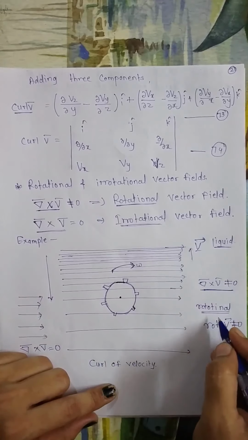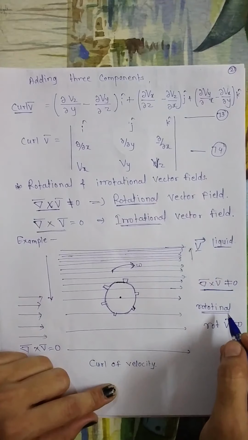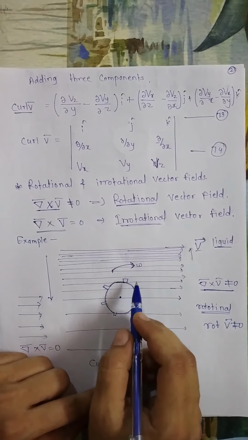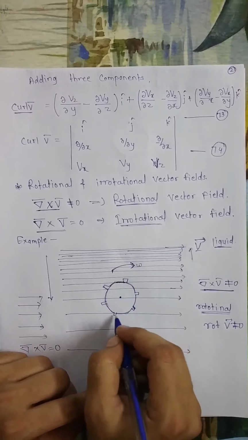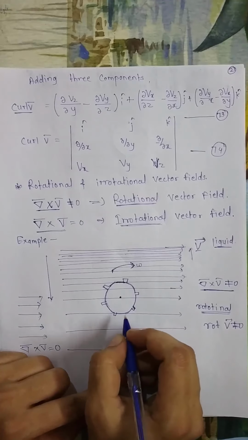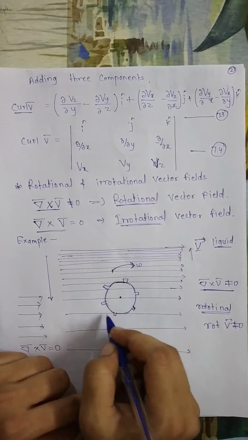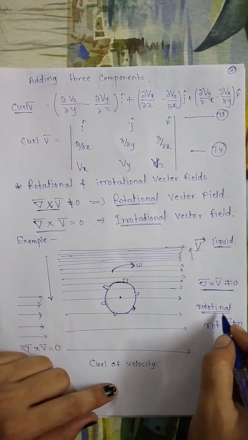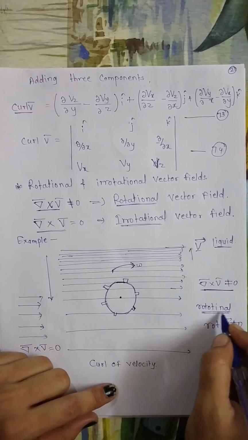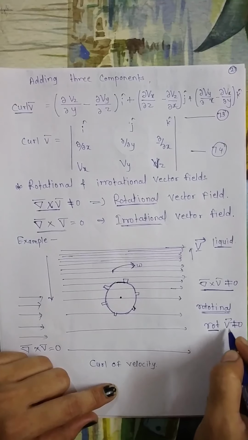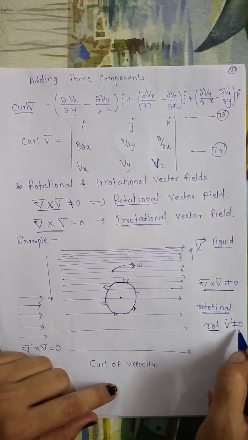That means our field is a rotational field, and at the upper region the paddle will get more push and at the lower region it will get less push. Hence the wheel will be set into rotation in the clockwise direction, and due to this the curl is also known as the rotational, or in short it is called the rot of v bar, which is not equal to 0.